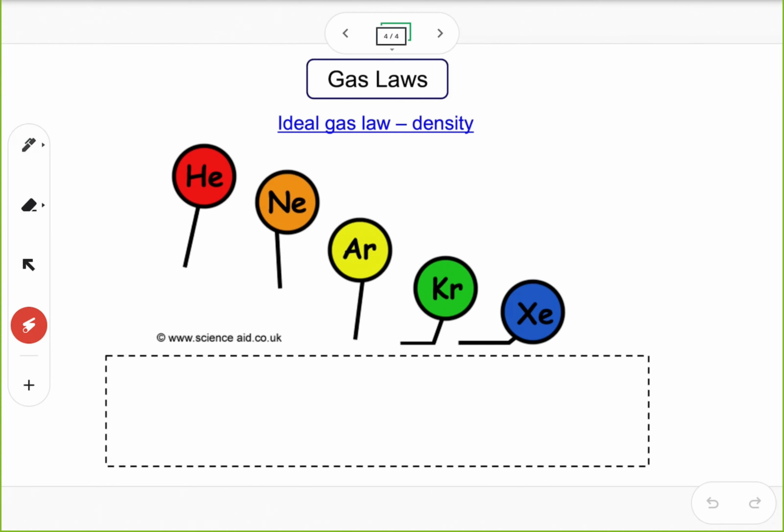Let's start from the ideal gas law. We know this already, okay? PV equals nRT. Based on the definition of density, we know that density is defined as mass over volume.